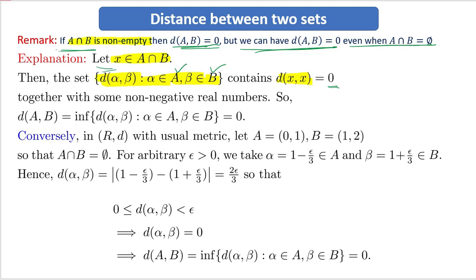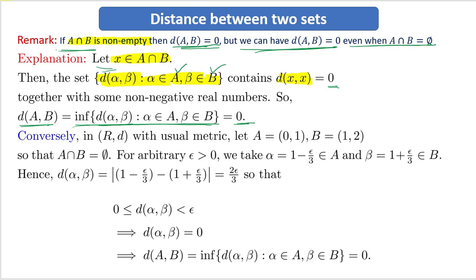And hence the infimum of this set is going to be equal to 0, and that infimum is nothing but DAB. So if you take one element in A intersection B, it means the distance between the set A and the set B is always going to be equal to 0.